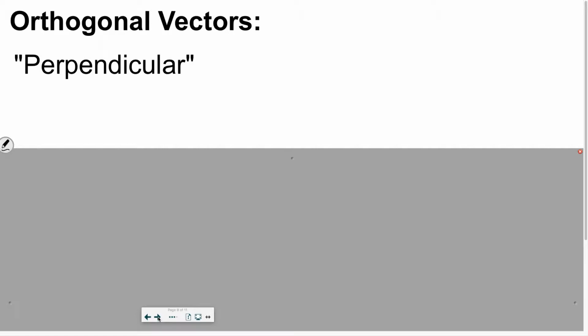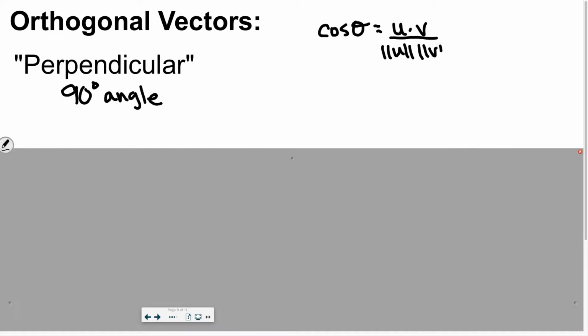Okay, so two more things we got to talk about real quickly. First, orthogonal vectors. Orthogonal is a fancy way to say perpendicular. What does perpendicular mean? Intersect at a 90-degree angle, right? So we just did a formula: cosine theta equals u dot v over the magnitude of u times the magnitude of v.